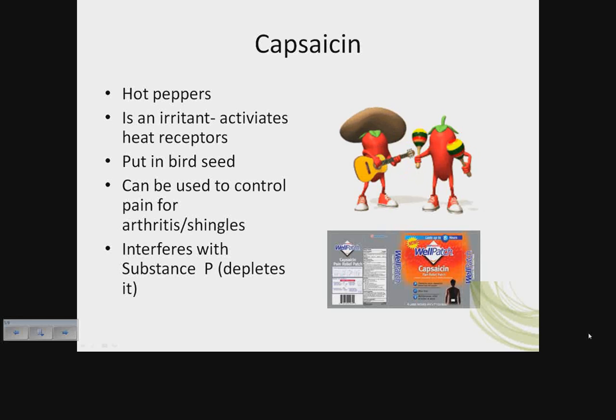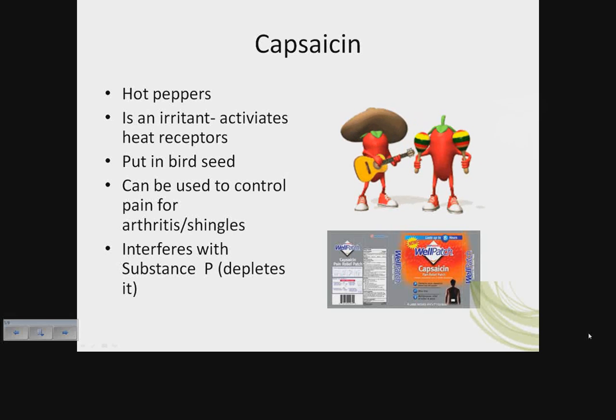To put it another way, it's almost like your brain has a different type of pain that is overwhelming it, because it's stimulating so many more receptors because you've rubbed it all over your skin, that it has more to contend with this temperature change than the actual pain from the arthritis or shingles.